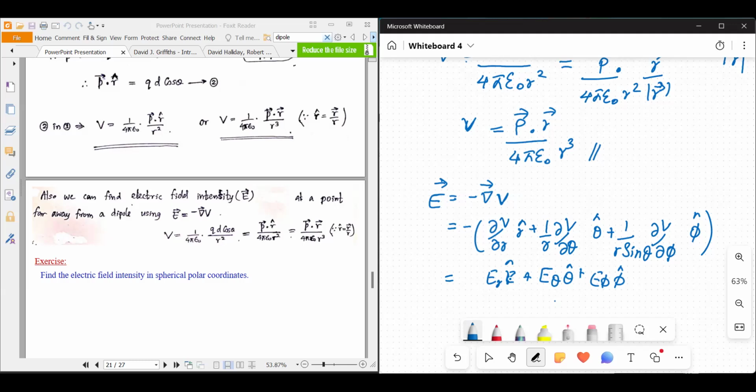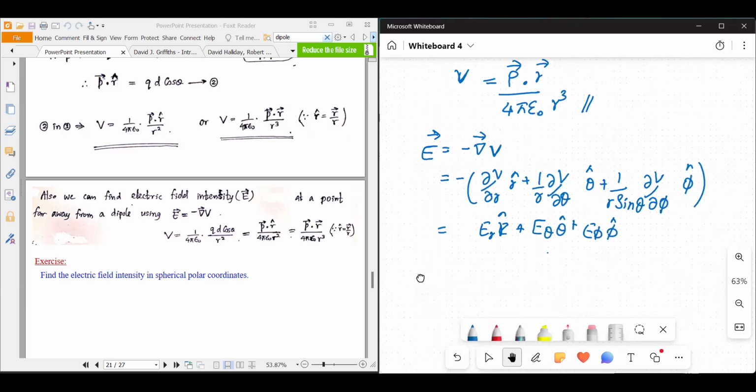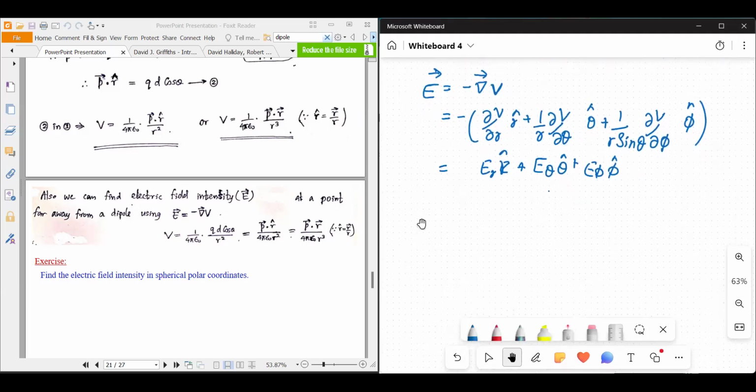Now the potential we have, potential is equal to P dot R hat over 4 pi epsilon naught R squared. So this, we cannot see any dependence of psi.